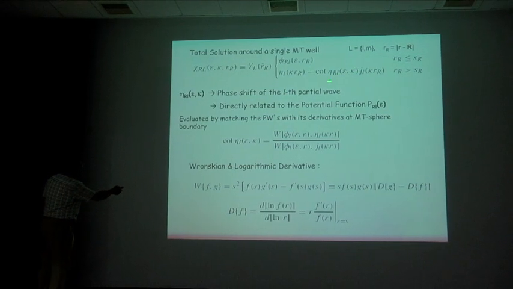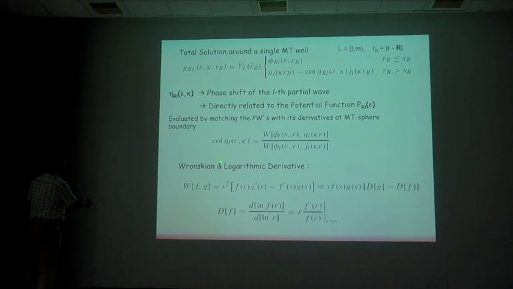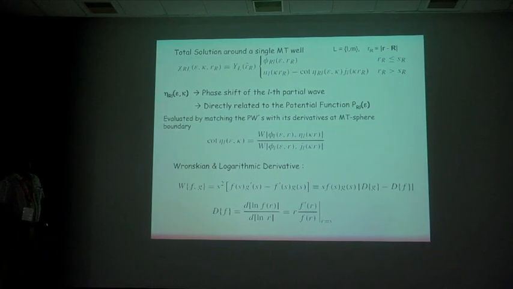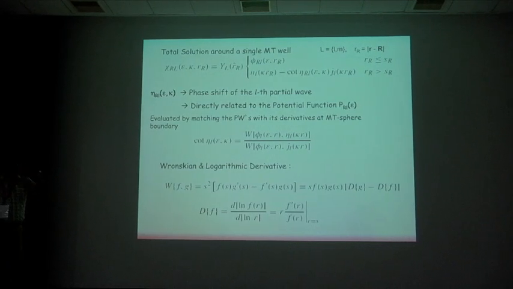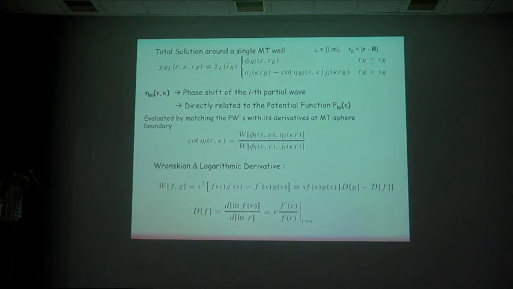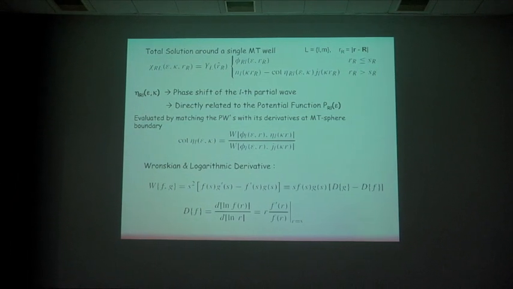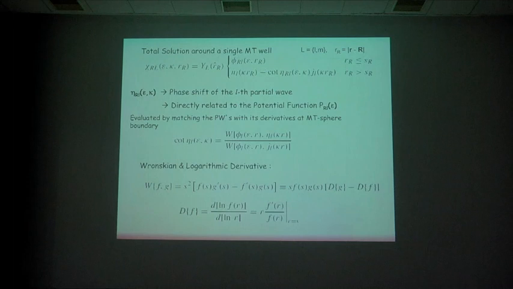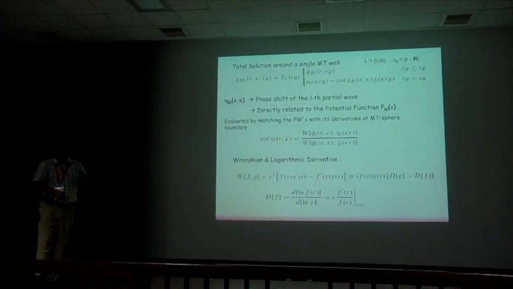The coefficient is called the phase shift, and it is directly related to the logarithmic derivative. So this takes care of the matching of the wave function and its derivative. You don't have to separately match the wave function and its derivative. It can be done together via this smart prescription of matching the logarithmic derivative.